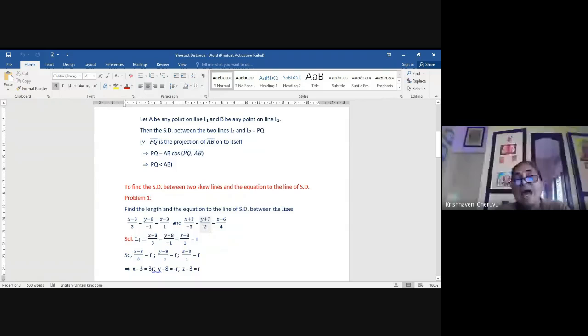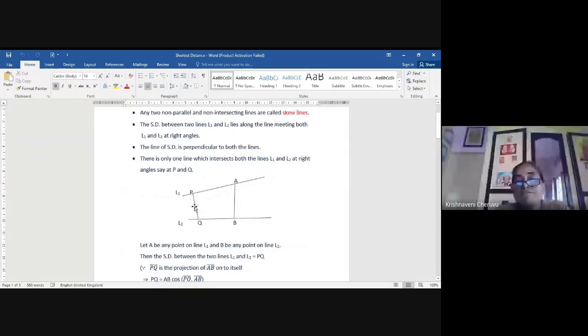If PQ is the line of shortest distance, you have to find out the equation of PQ and also the length of PQ, or distance from P to Q. Suppose he asks you only to find out the distance, that would be a short answer question. If he says to also find out the equation, it would become an essay question.